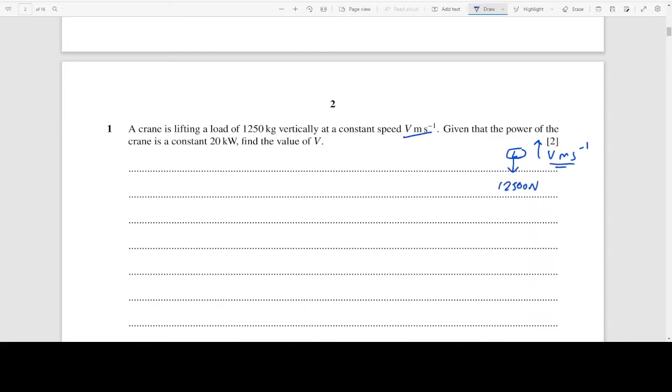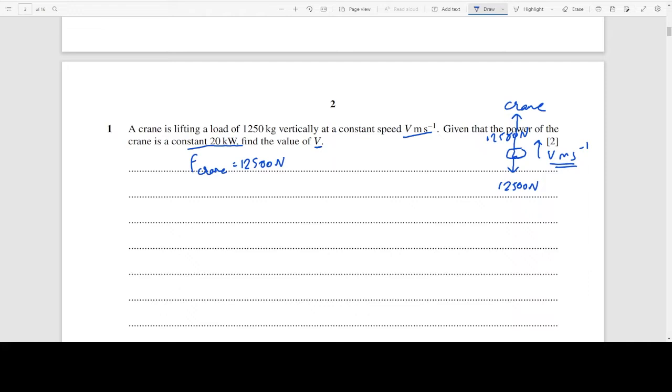Since the velocity is constant, there would be an equal force being applied by the crane, which is 12,500 Newton. So we know that F by the crane is 12,500 Newton, and the power of the crane is constant. We just have to find the value of this velocity.